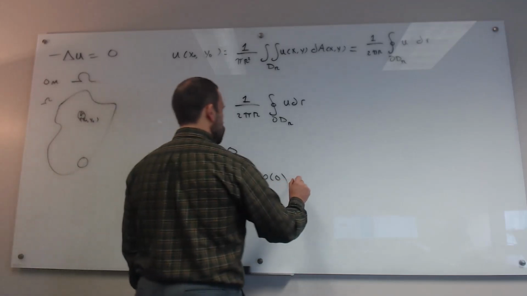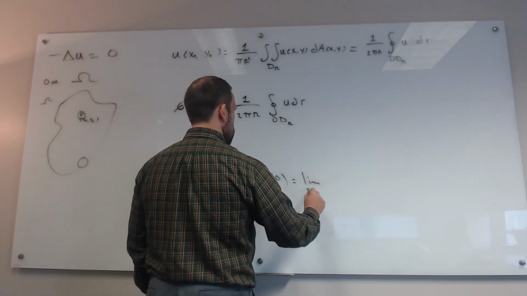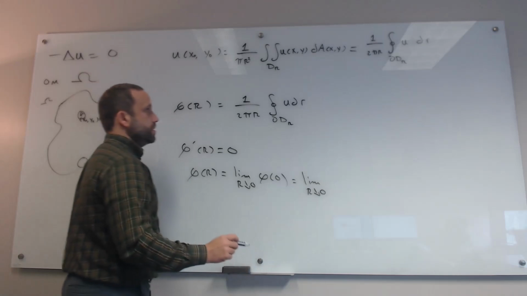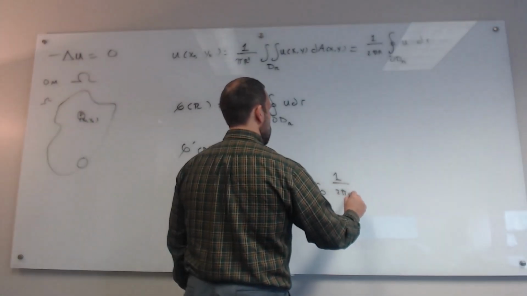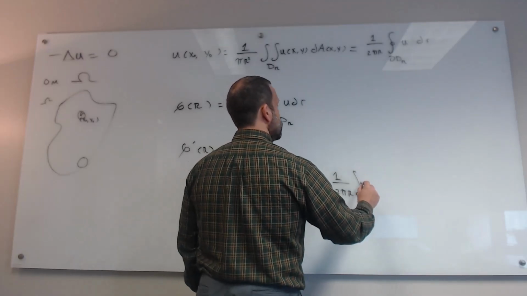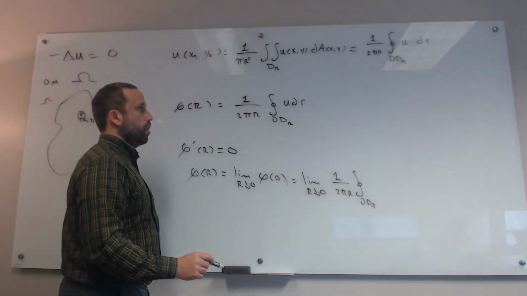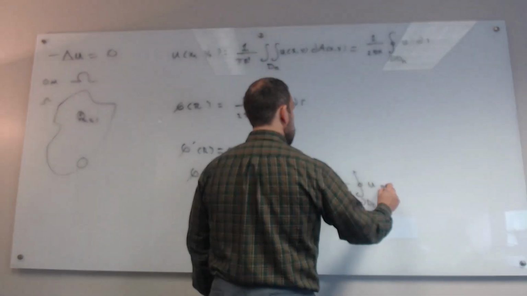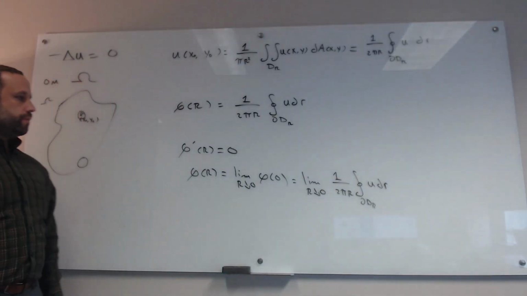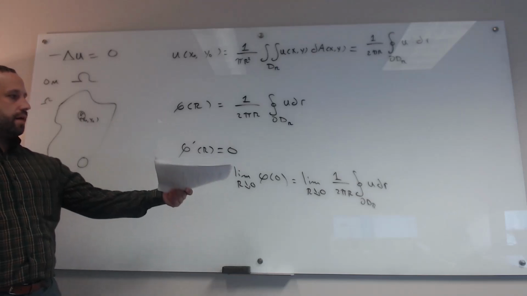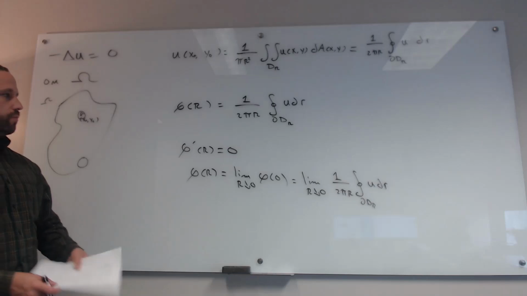So let's compute what this limit is equal to. So this is equal to the limit as r decreases to 0 of 1 over 2 pi r times the integral over the boundary of D sub r times u dr. Okay, now actually what I want to do is I want to switch to polar coordinates.